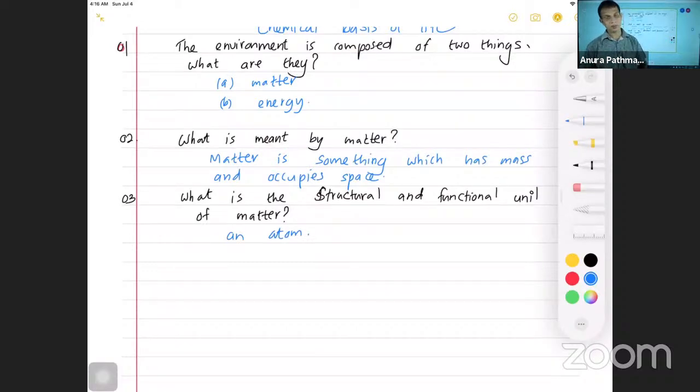To get the approach to our lesson, I will write my next question.